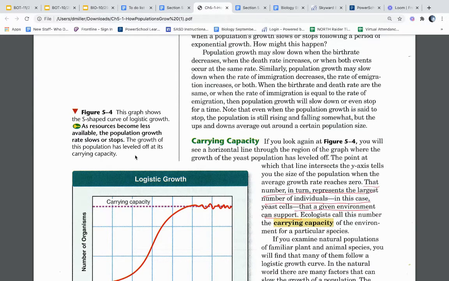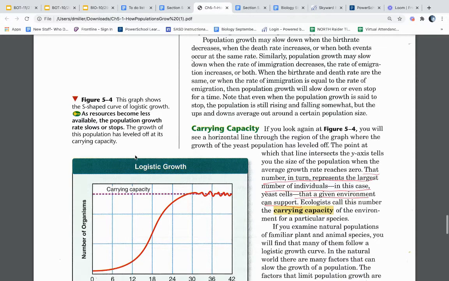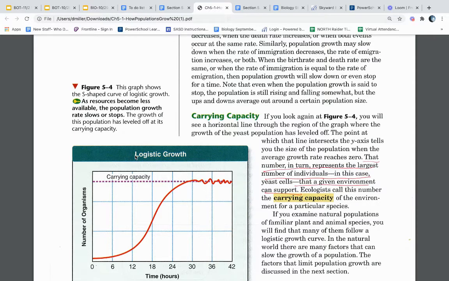When the birth rate and death rate are the same, or when the rate of immigration is equal to the rate of emigration, then population growth will slow down or even stop for a time. Note that even when the population growth is said to stop, the population is still rising and falling somewhat, but the ups and downs average out around a certain population size.